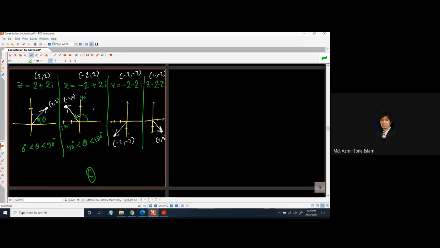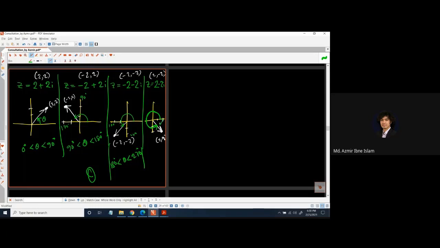This is our guess. For the third one, between 180 and 270? Yeah, thank you. It is between 180 and 270. So for the third one, the angle lies between 180 degree and 270 degree. And for the fourth one, always from the positive x-axis to the line.